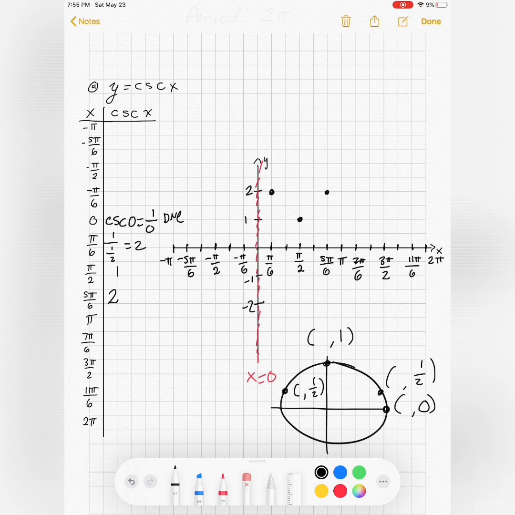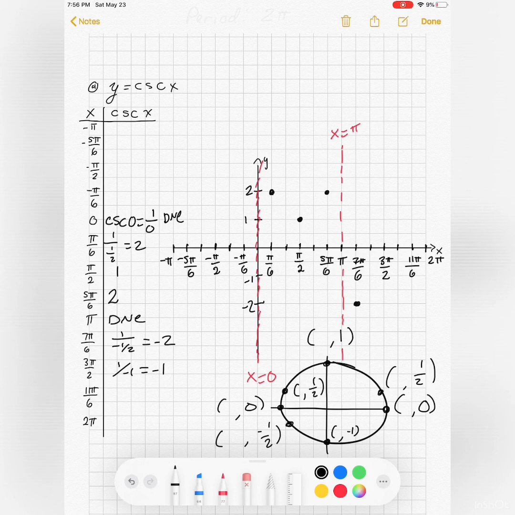See the pattern already? Pi. 1 over 0 does not exist. Seven pi sixths. So 1 over negative half, negative 2. 3 pi halves, 1 over negative 1.